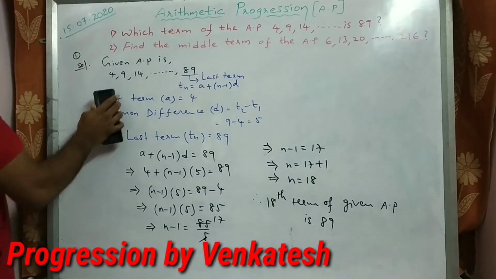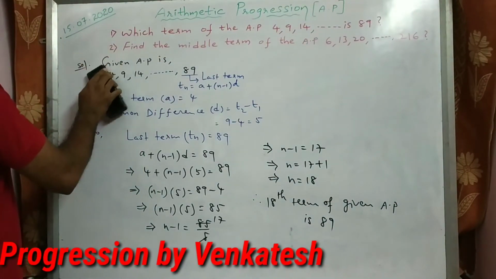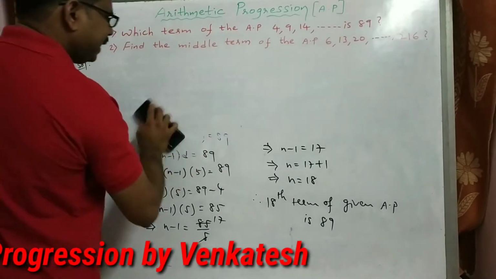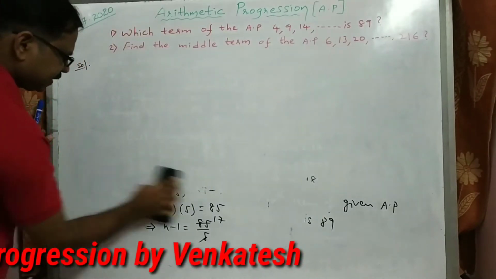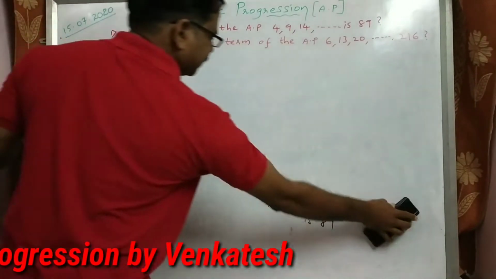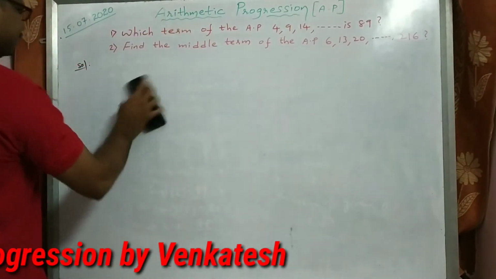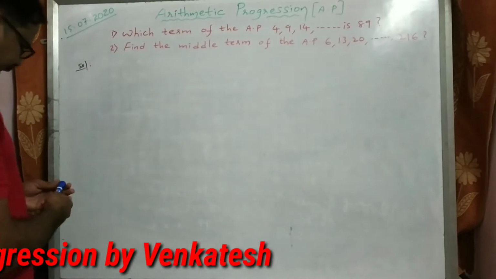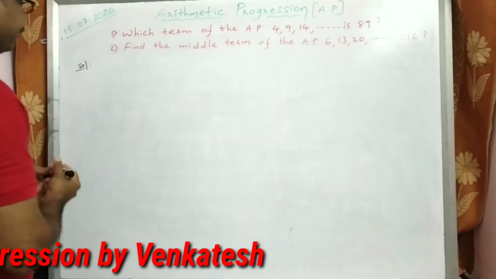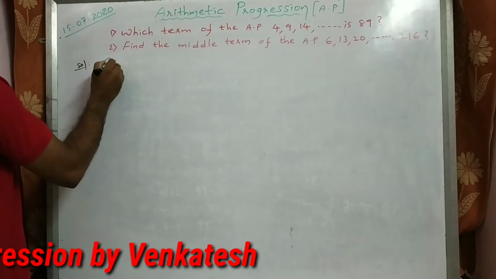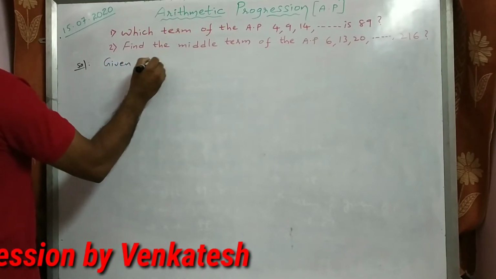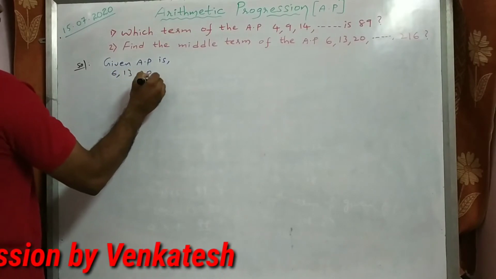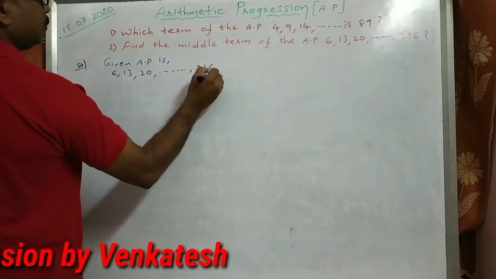Find the middle term of the AP. Second solution. Find the middle term of the AP. Given AP: 6, 13, 20, and so on, 216.